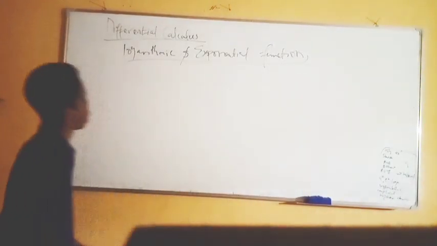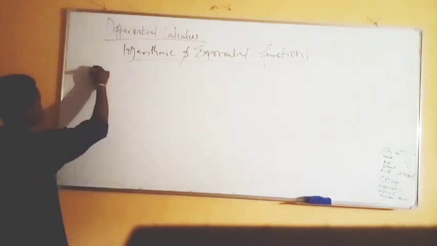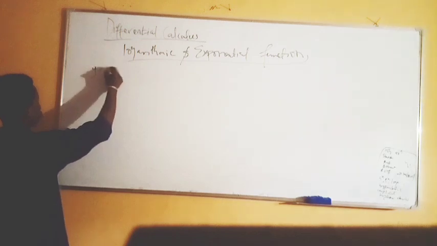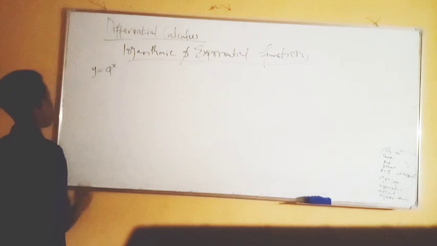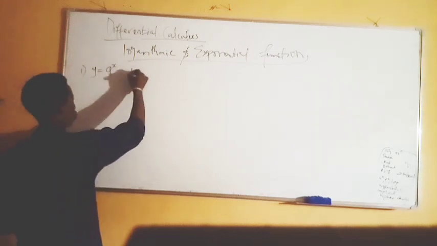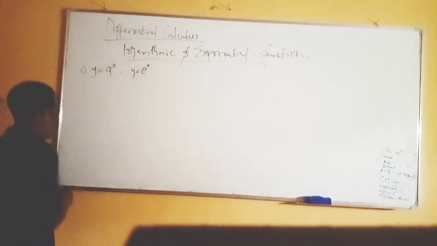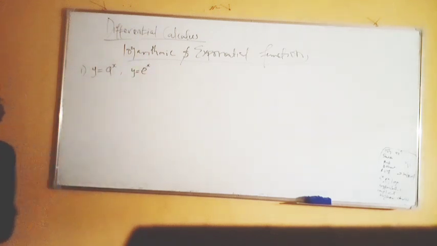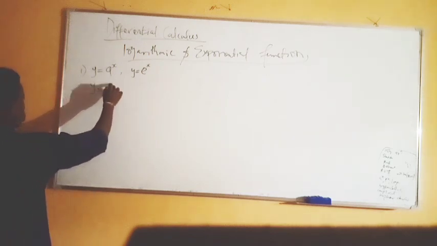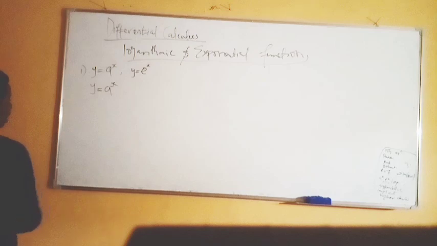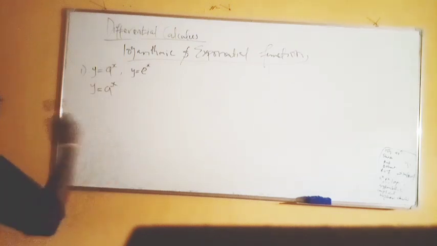Now, the first exponential equation we are going to deal with is y is equal to a raised to the power x. We also deal with y is equal to e raised to the power x. Now, if y is equal to a raised to the power x, we can take the log of both sides.